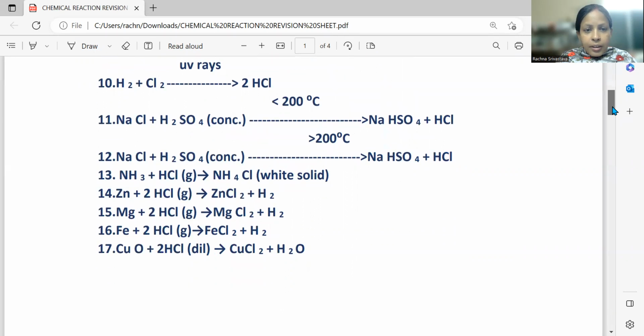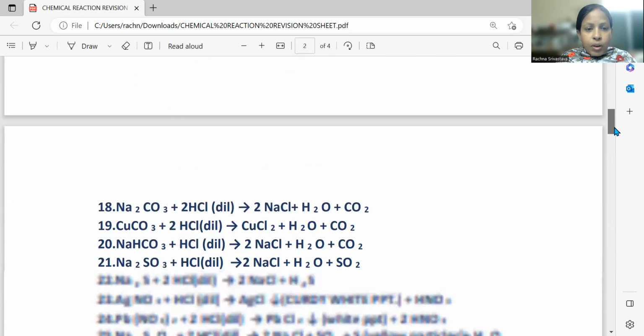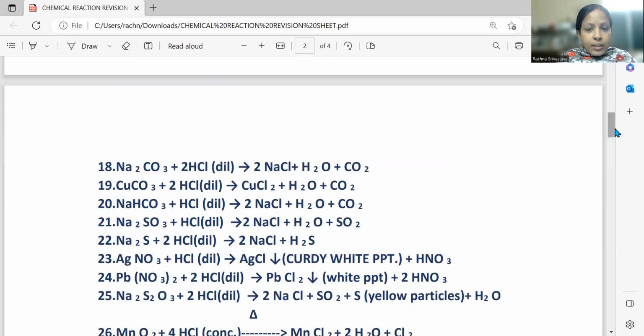Then in HCl, you have to write G if you are taking hydrogen chloride gas, because if you will only write HCl, then you might not get the benefit of doubt. Don't think that the examiner will be very flexible to give you the marks thinking that you have written gas, because HCl is also the molecular formula of the acid.